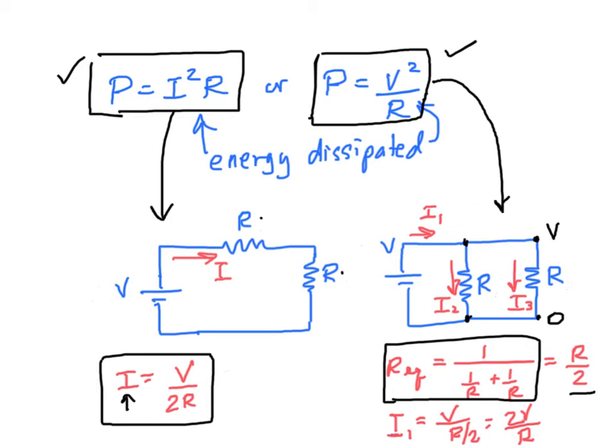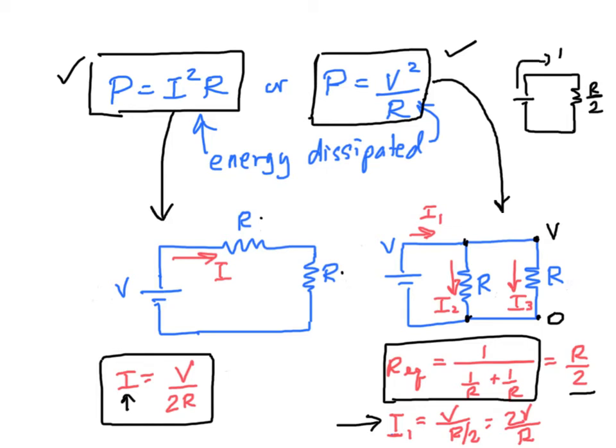So when I put that into Ohm's law for the right circuit for I1, if I have an equivalent resistance of R over 2, then I divide V by R over 2. That's like having a circuit with just one resistor. That's what equivalent resistance is, of R over 2.